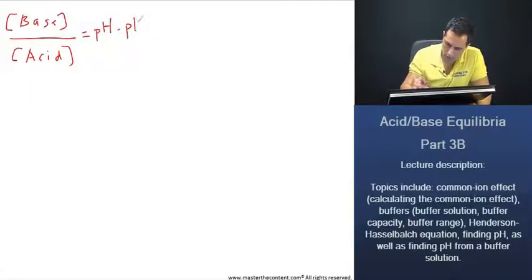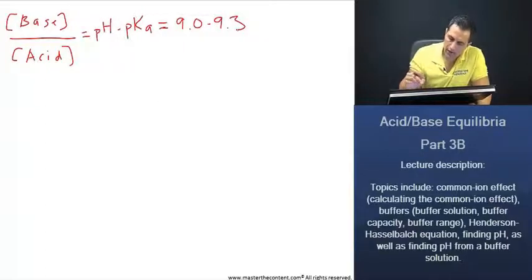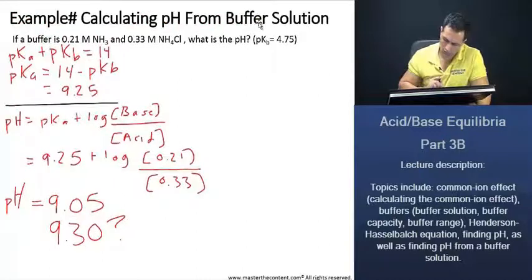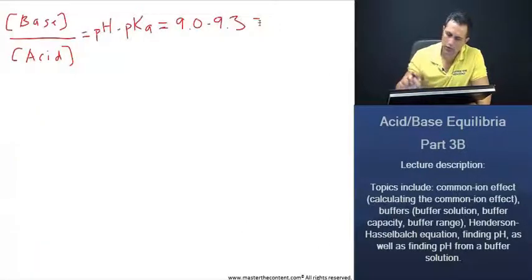So you should be familiar with this portion here. And this is going to equal 9.3 minus 9.25, right? That would make our answer then 0.05. Well, let me actually just write the entire thing out here.